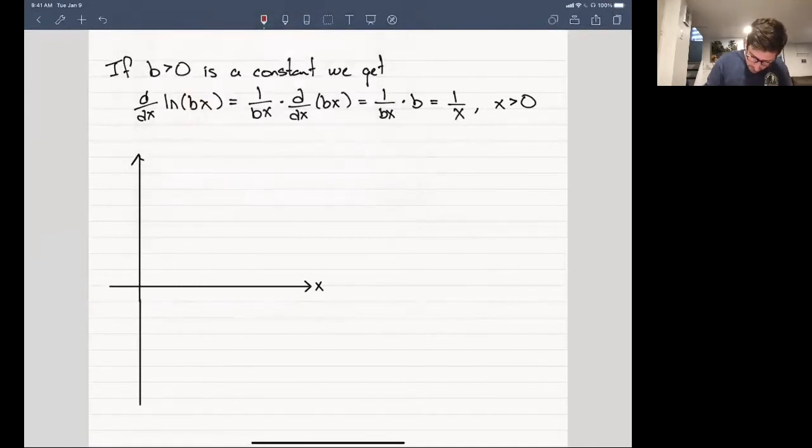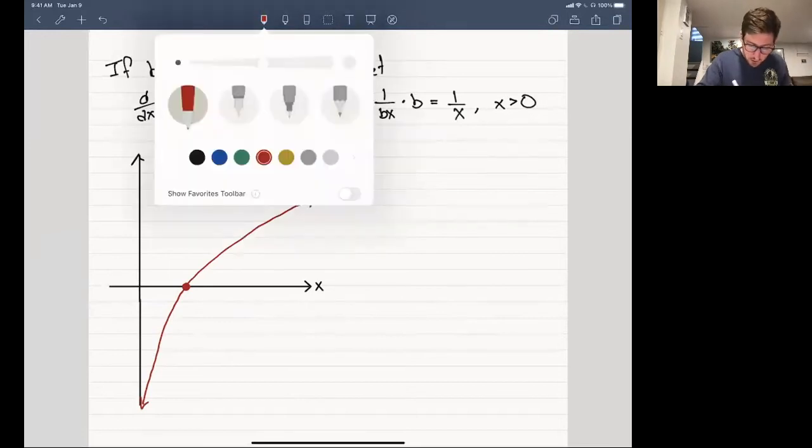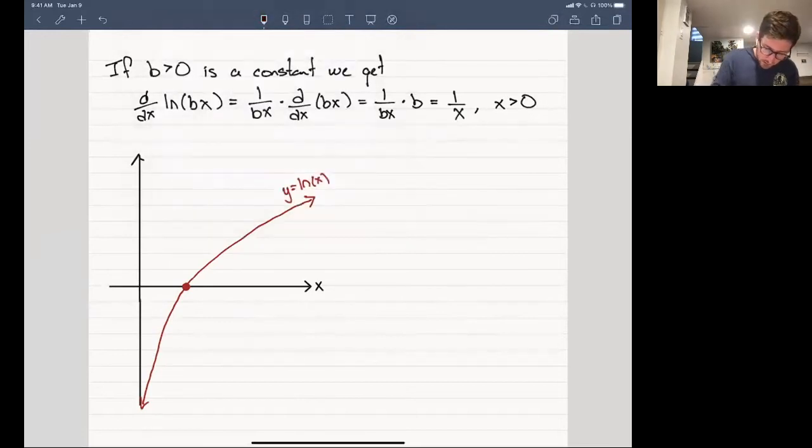So we've got that it goes through 0. We know that already. And we're going to get something that looks like this. Y is equal to ln x. So if you were to throw this into, say, Desmos or another graphing calculator, this is what the function would look like that comes out.